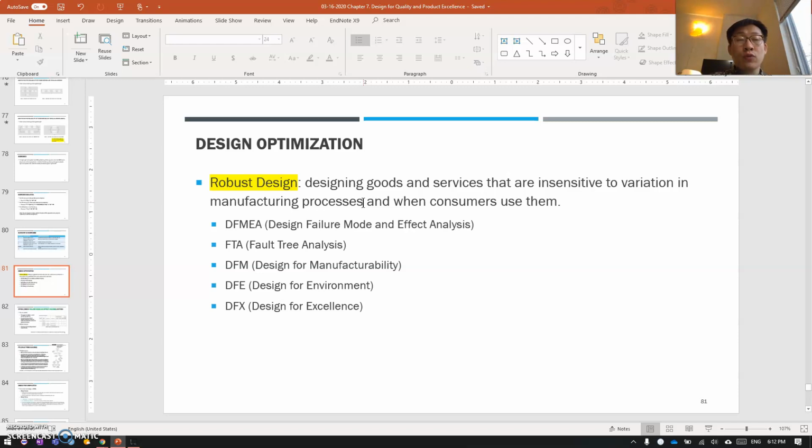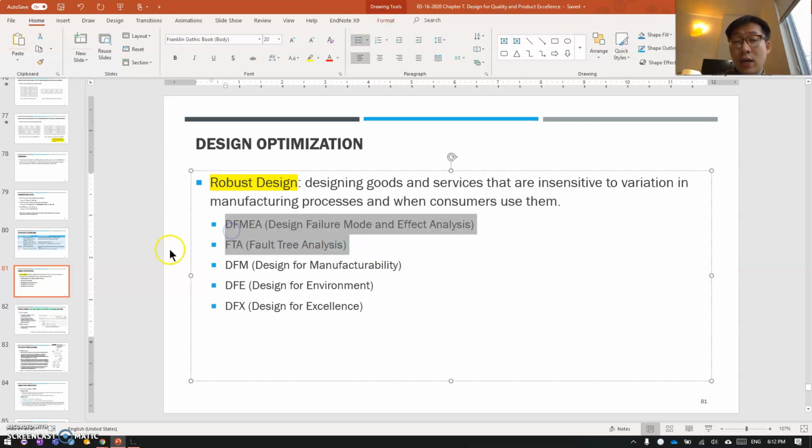There are various tools, steps and processes you can take to address these concerns and issues. I'd like to highlight two things you can use in the design optimization phase. Of course, you see DFMEA, which is also called FMEA, fault tree analysis, design for manufacturability, design for environment, design for excellence.